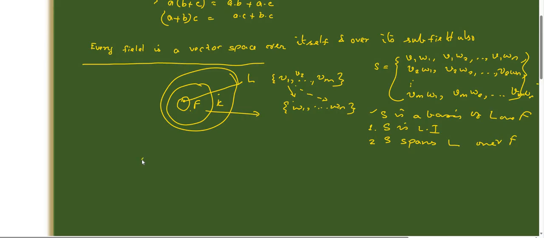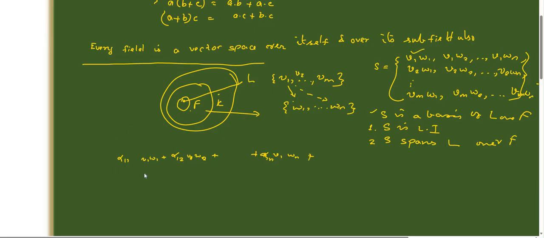We consider the vectors V1W1, V1W2, and so on, up to V1Wn. For the coefficients, just look at the suffix: alpha 1 1, alpha 1 2, and so on, alpha 1n, plus. So we have accounted for the first row.